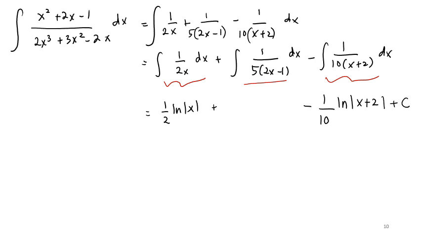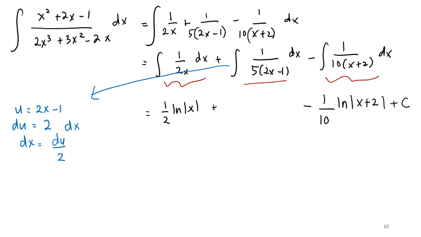However, the second term here, you need to do the u substitution. So let's let u equal 2x minus 1. Thus du equals 2 dx, so dx equals du over 2.